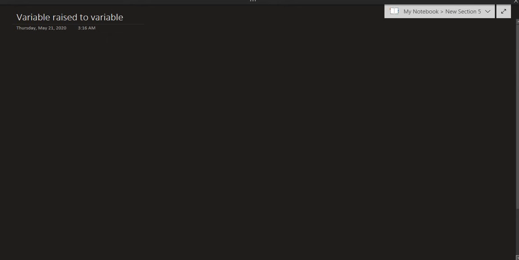Say you have a function x to the power of x, and they want you to differentiate this with respect to x. So you have a variable raised to, in this case, the same variable, but this exponent can be any other variable. It can be a function of y as well. So how do we go about with these questions?